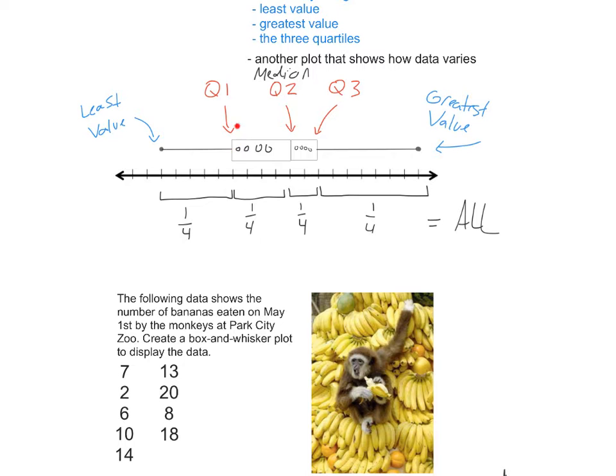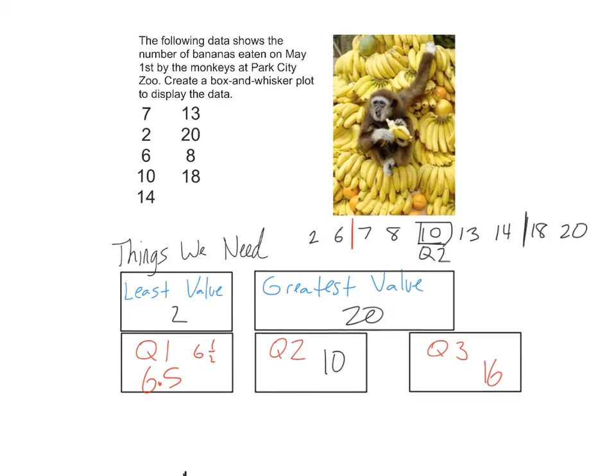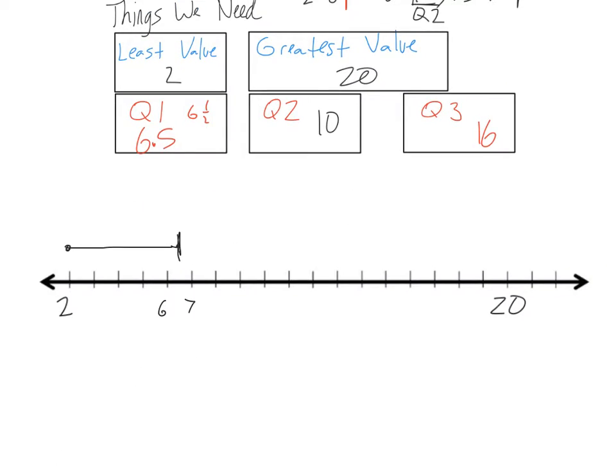We need quartile 1, which we already have, and quartile 2. Okay, so quartile 2 is 10, so that's 7, 8, 9, 10 is right there. And that's going to split our box. And then next we're going to need quartile 3, which was 16, so 10, 11, 12, 13, 14, 15, 16 is right there. Come and draw a line there.